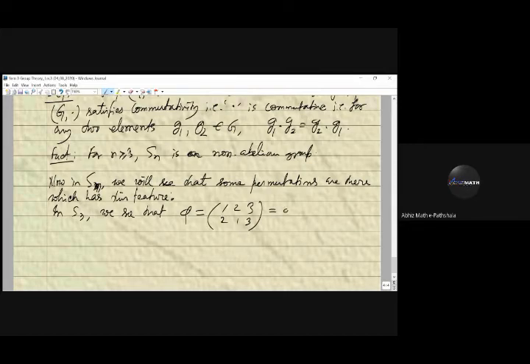It is a cycle. Why is it a cycle? Because 1 goes to 2 and 2 will be returned back to 1. So that is why it is called a cycle. And since there are two objects, we will say that it is a cycle of length 2.